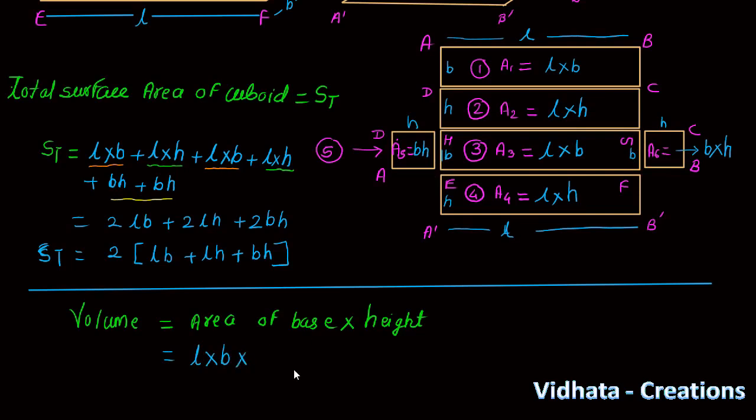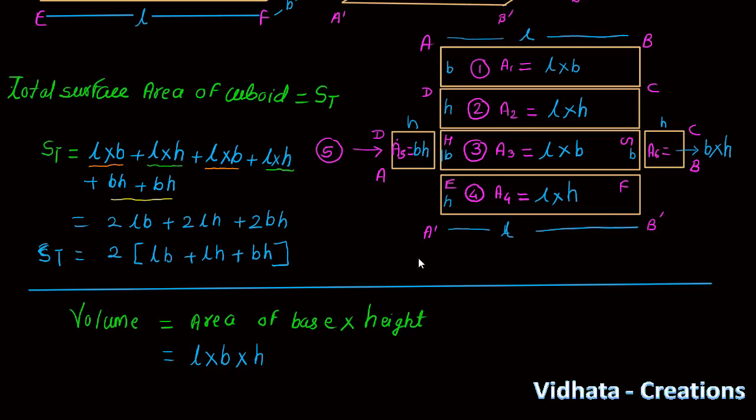The height of this cuboid is H. So simply, the volume of a cuboid is given by the formula L into B into H. In this way, the volume of a cuboid is always given by the formula L into B into H.